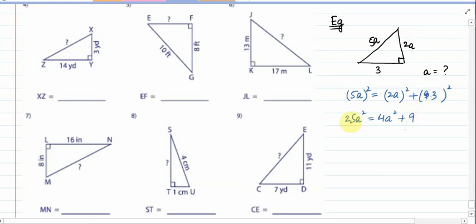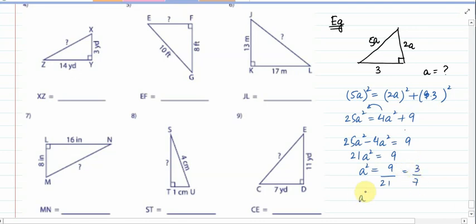Okay, so now it will be 25a square plus 4a square. On the left side it will be minus 4a square is equal to 9. 25 minus 4, it's 21. a square is equal to 9, and a square is equal to 9 divided by 21. So 3 times 3 and 3 times 7.